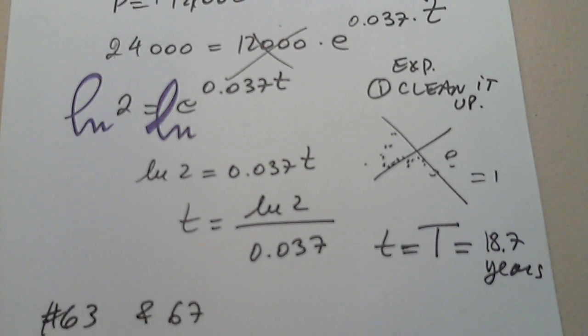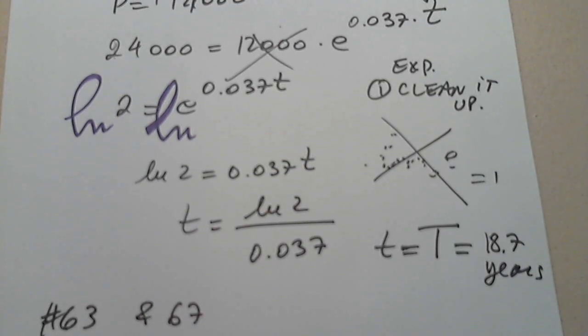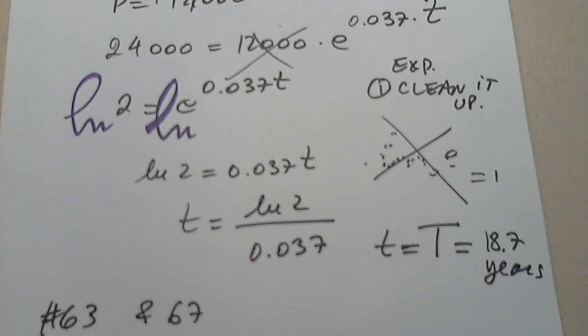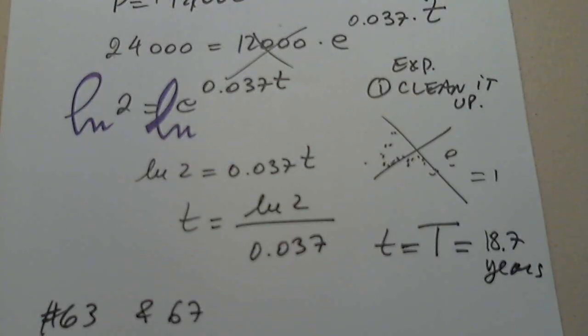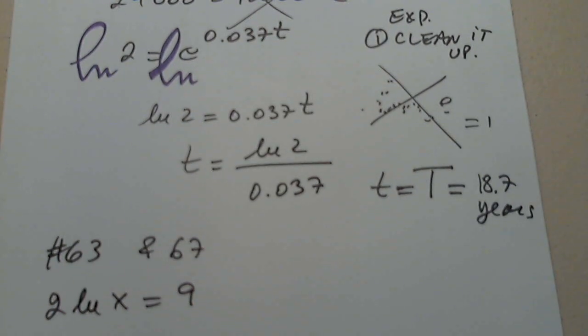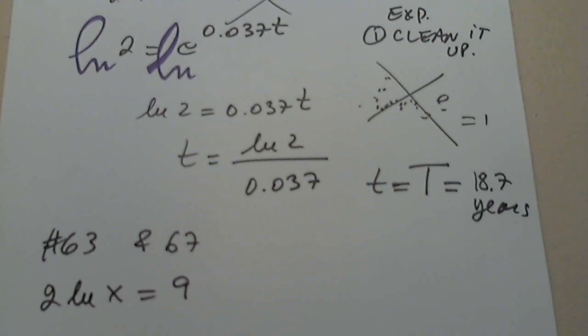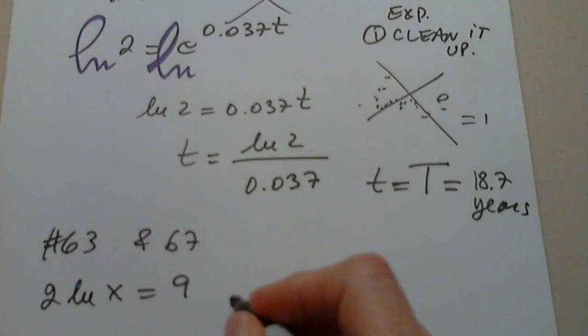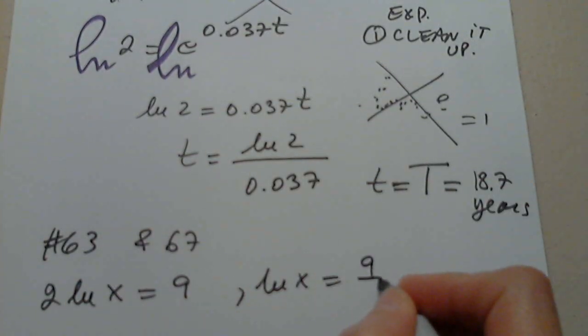Okay, 63. 2 natural log x equals 9. The first thought is clean it up. How are you going to clean this up? Any suggestions? Divide both sides by 2. So I have natural log x equals 9/2.